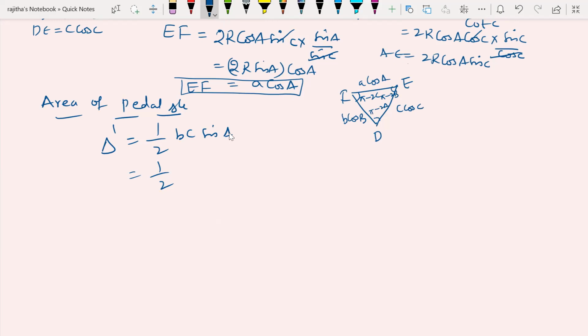Take half into a cos A, b cos B into sine of pi minus 2C.